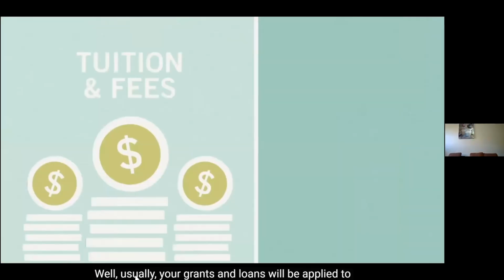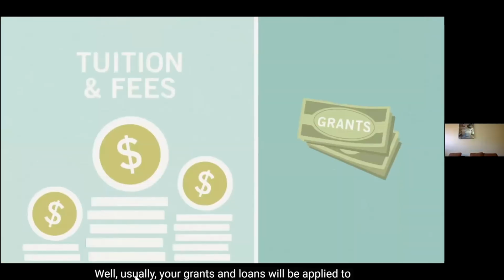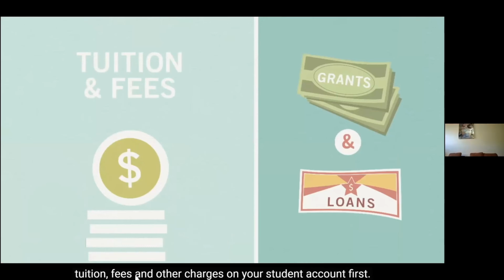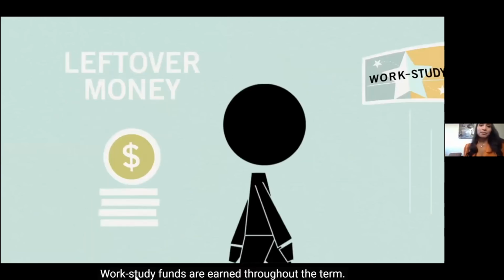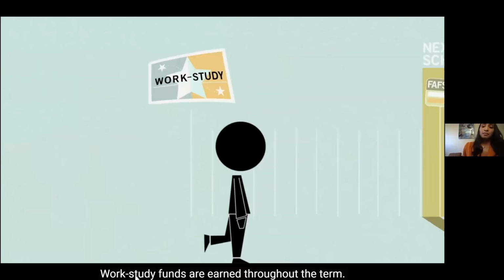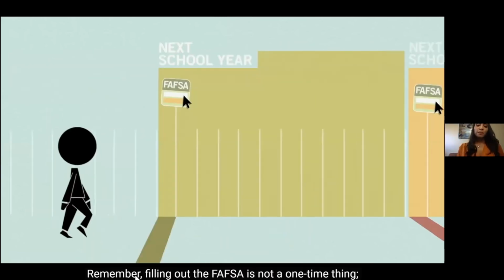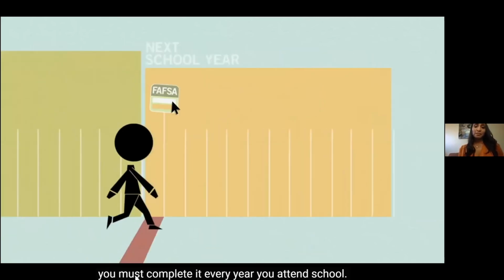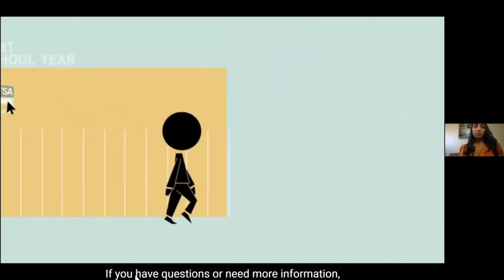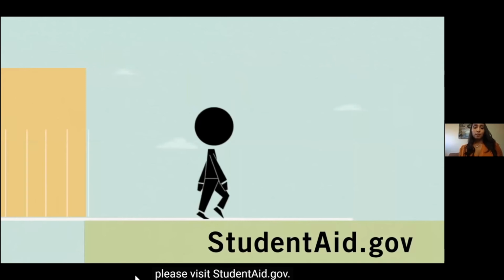Well, usually your grants and loans will be applied to tuition, fees, and other charges on your student account first. Then any leftover money is paid to you. Work-study funds are earned throughout the term. Remember, filling out the FAFSA is not a one-time thing. You must complete it every year you attend school. If you have questions or need more information, please visit studentaid.gov.